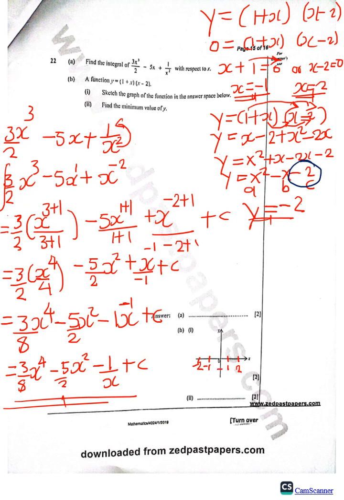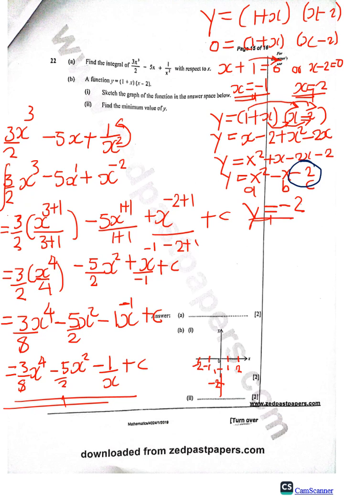So if this is negative 1, then this is negative 2 here, this is where our curve will intersect the y-axis.